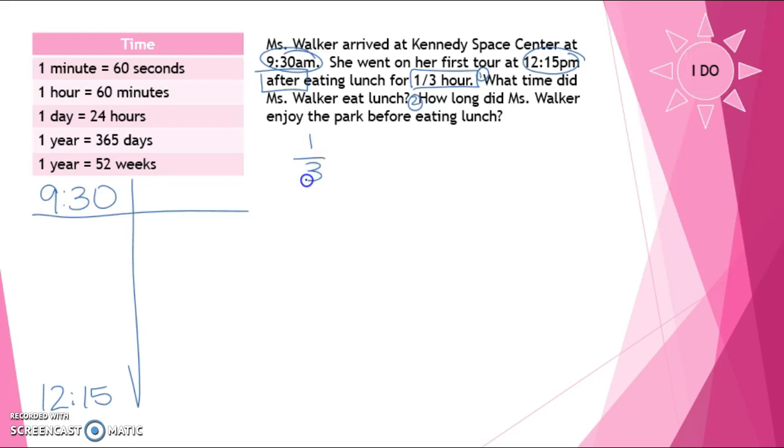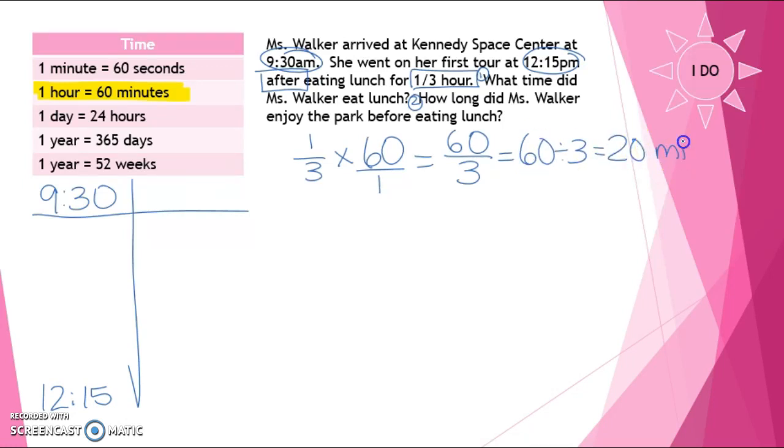Well, if an hour is 60 minutes, let's figure out how many minutes that is so that we can count backwards. 1/3 times 60 is the same as 60 over 3, which is 60 divided by 3, which is 20. Oh, so 1/3 of an hour is 20 minutes. Ms. Walker had a very short lunch.